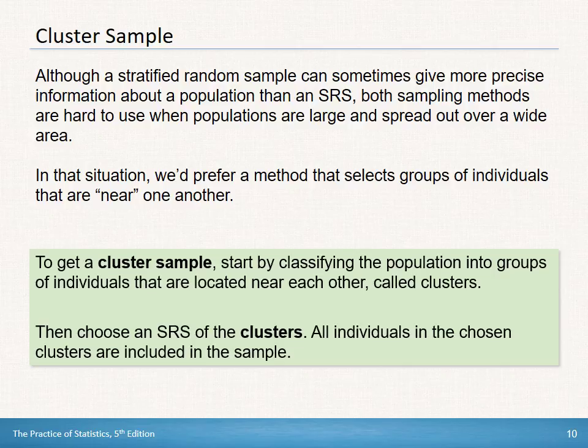But their location, where they live, probably will. So that's what a cluster sample is. A cluster sample means that you go and you look at locations and you choose locations. So to get a cluster sample, you're going to classify the population into groups of individuals that are located near each other, and then choose an SRS of the actual clusters themselves. So this time you're not choosing an SRS of the individual people.